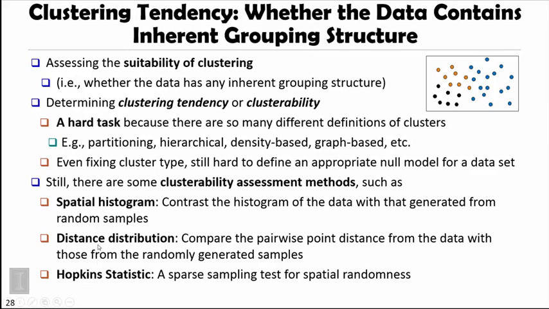For distance distribution, it tries to compare the pairwise point distance from the data and the pairwise distance from the randomly generated samples. The Hopkins statistic uses a sparse sampling test for spatial randomness. And since they carry a quite similar spirit, we will only introduce one, the spatial histogram method.